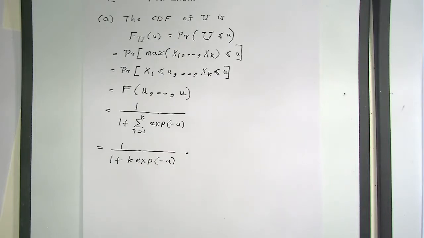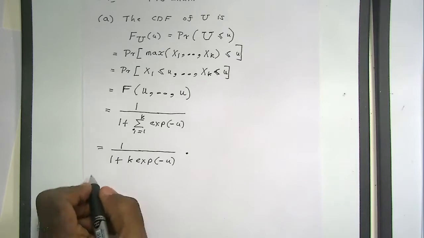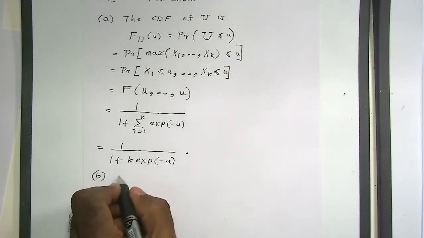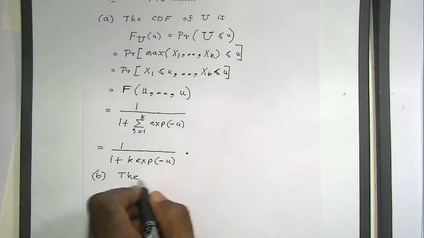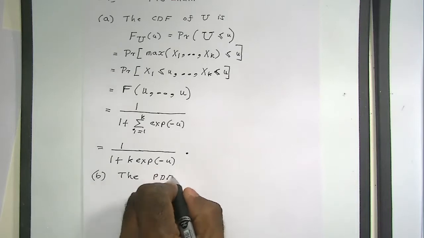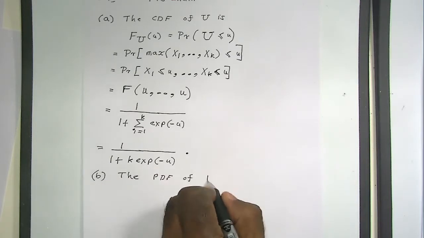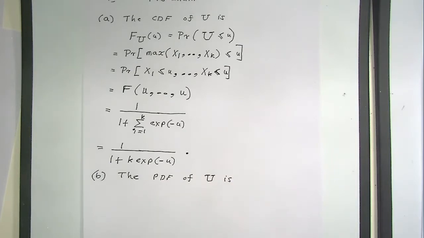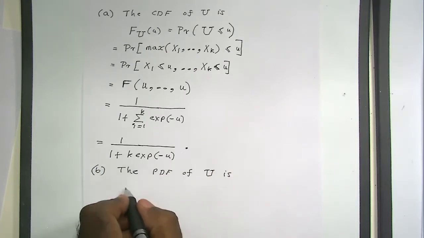Hello? Yeah? Okay, part B. Part B is to find the corresponding PDF. So the PDF of u is simply the derivative of this with respect to u.